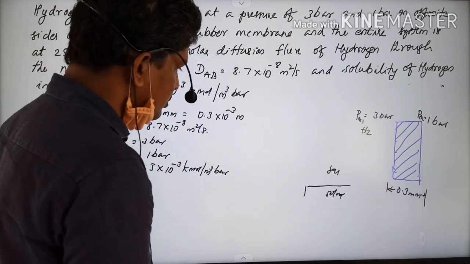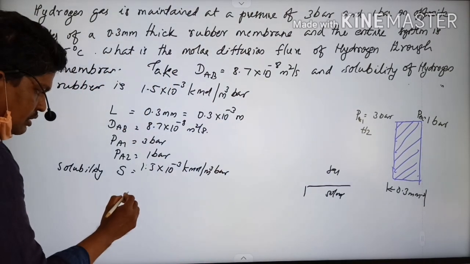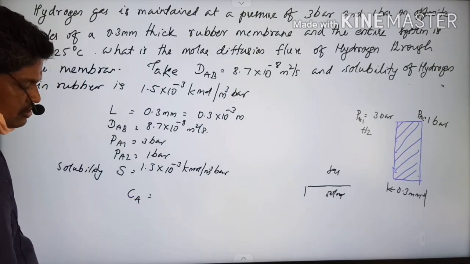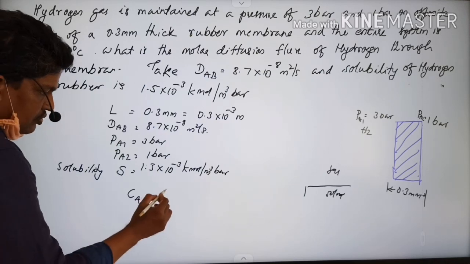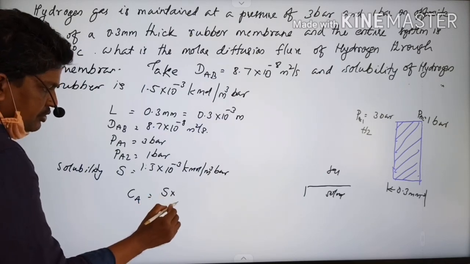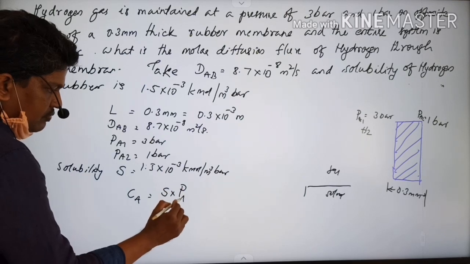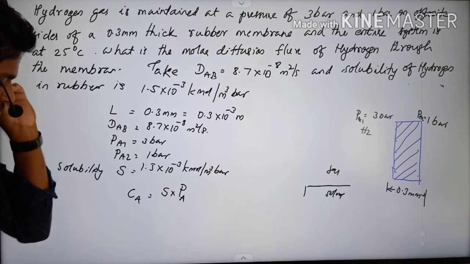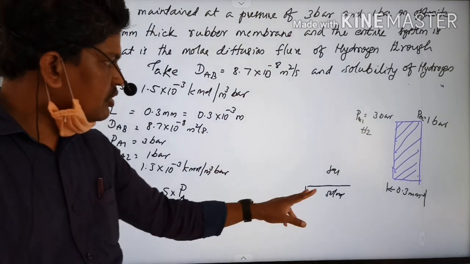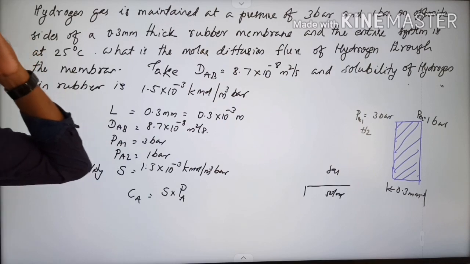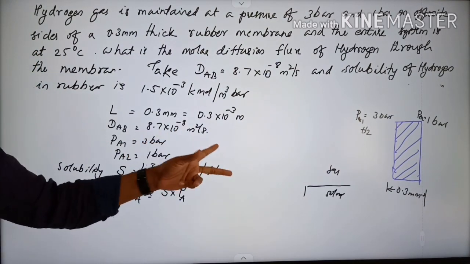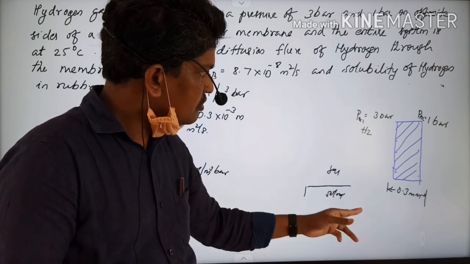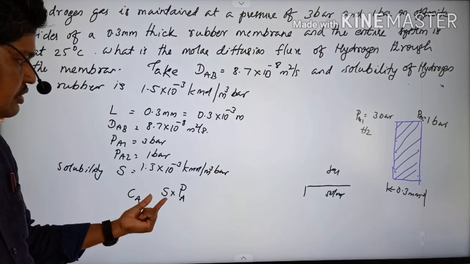The concentration of A can be expressed as the solubility into the partial pressure of the gas A. At a particular temperature, the solubility of the gas in the solid is S.